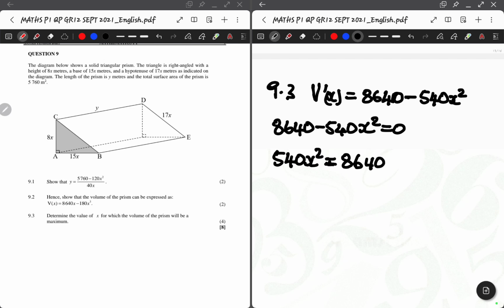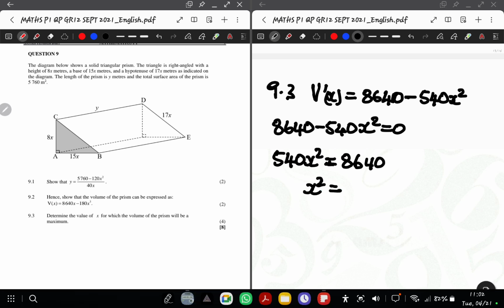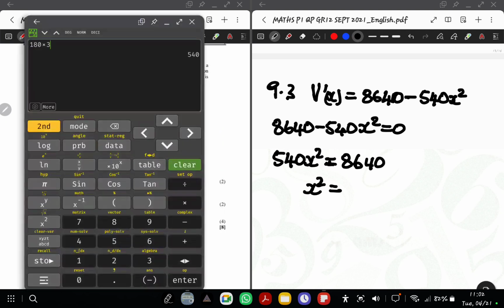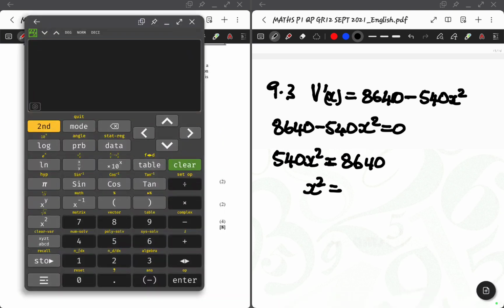We divide both sides by 540. X squared equals 8640 divided by 540, that will be 16.